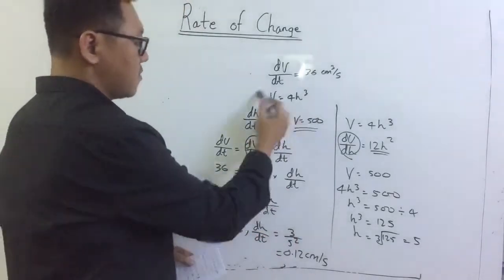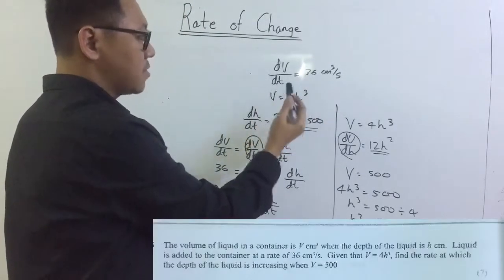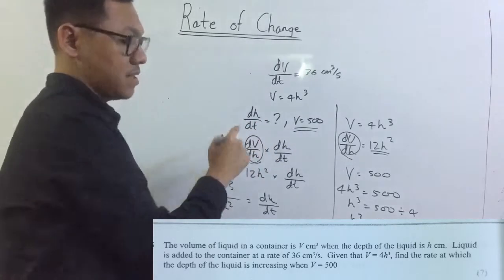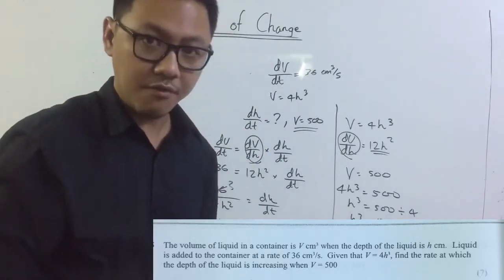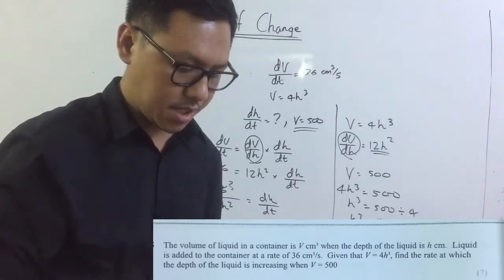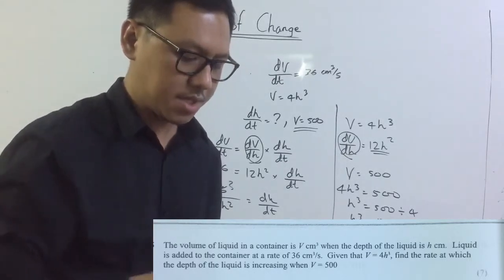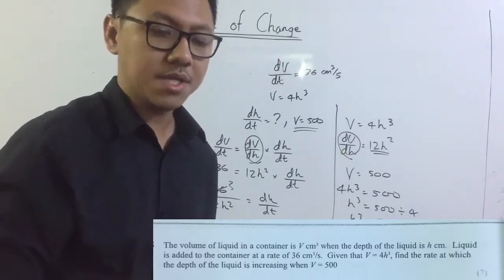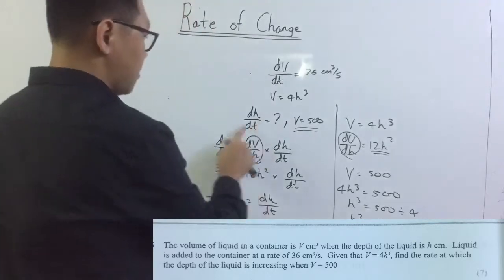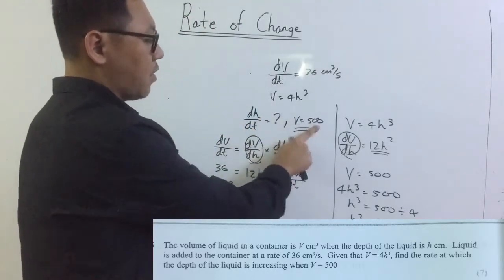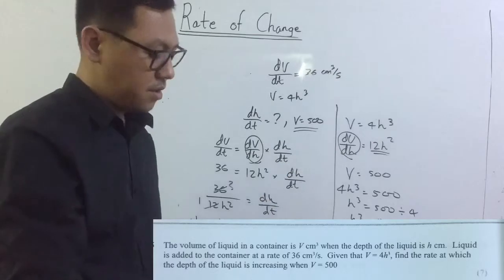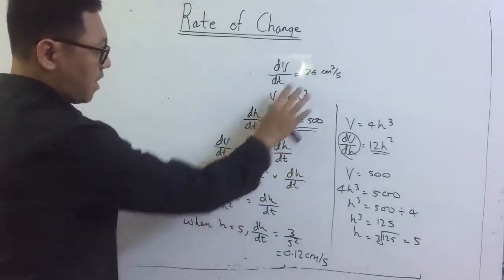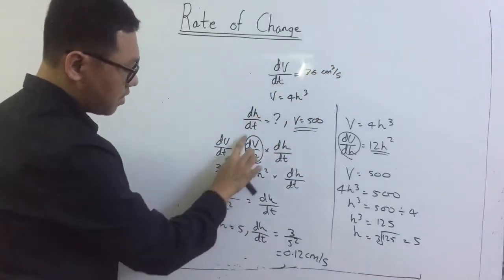So if they give the formula, you write it down. If they don't give it, you write it yourself. And this one will be dh by dt. That's what they are asking. So you need to be careful when reading the problems. They say the rate at which the depth is increasing, or the rate at which the radius is increasing or decreasing. So write down the given information first, then use the formula and substitute the given values, and you will know what to find.